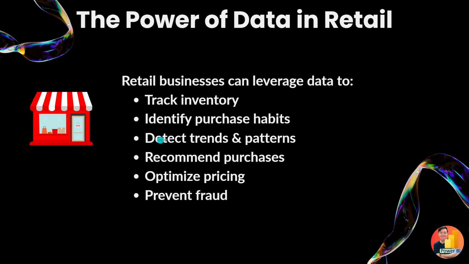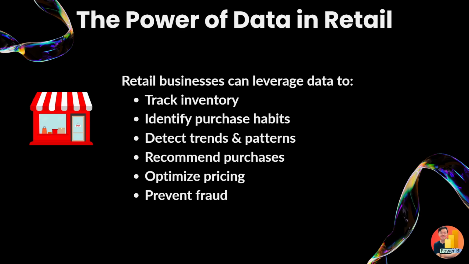We need to detect trends and patterns. Let's say in January the sales trend drops, in December the sales trend increases. So by knowing all these sales trends and sales habits, we can better prepare ourselves to prepare more model B in January, less model C in December, things like that. Recommend purchases.